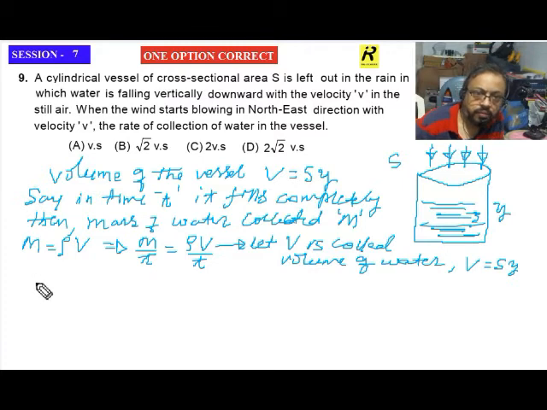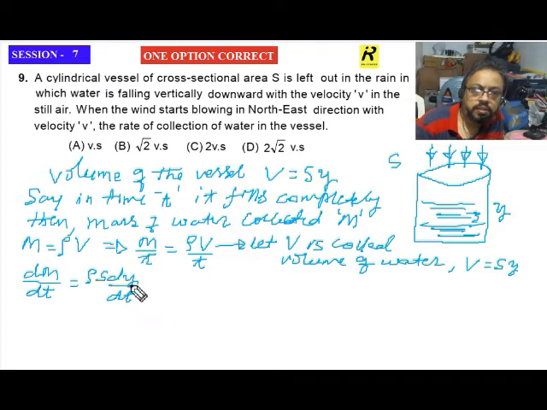So at that moment, what can I write? It is dm divided by dt is equal to rho into... So instead of V I should write like this, S into dy by dt.